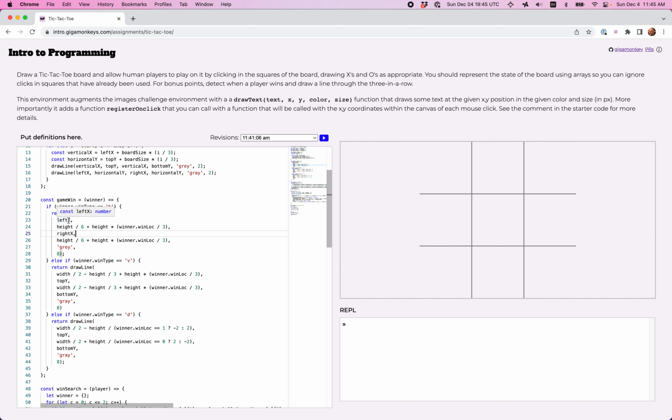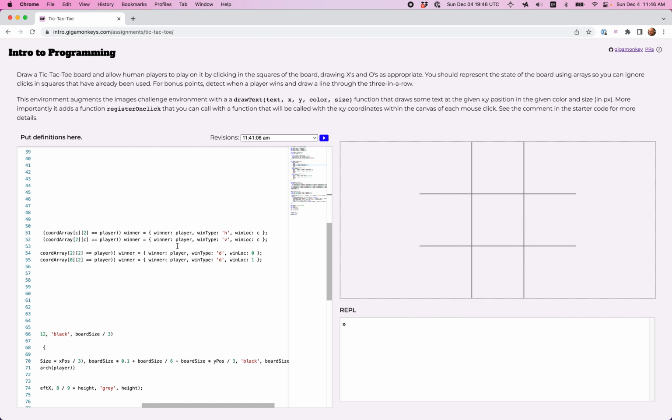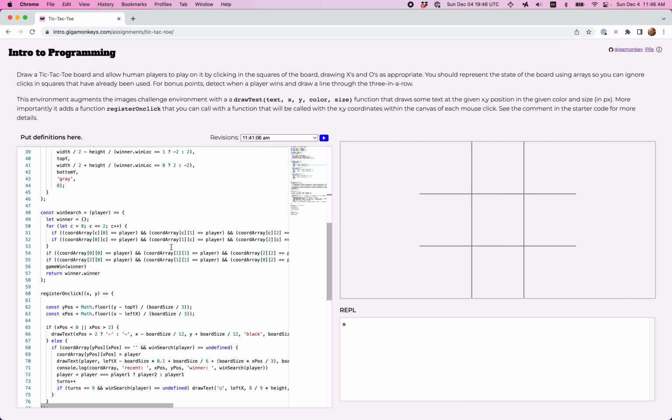So this is computing where on the vertical axis the horizontal line goes. The winner location, I believe, is going to be always 0, 1, or 2.